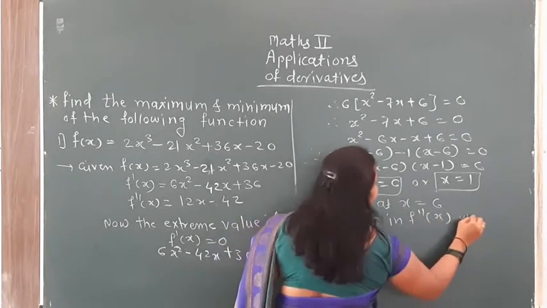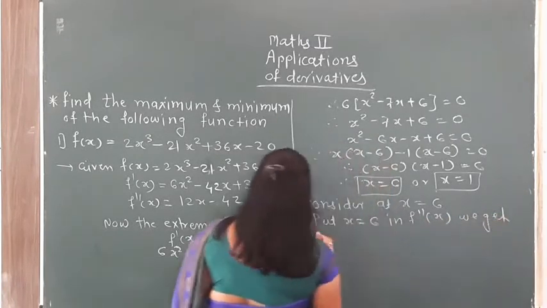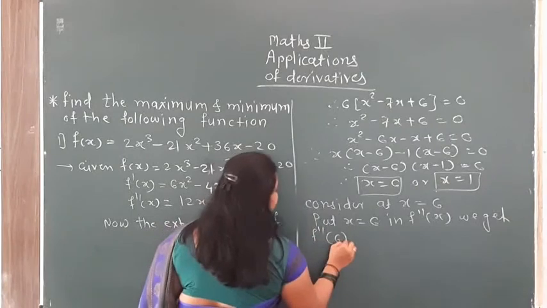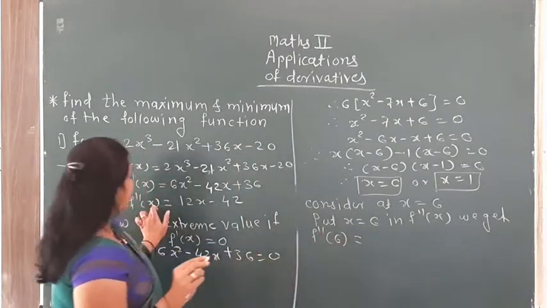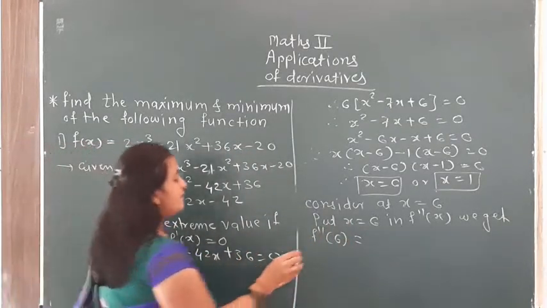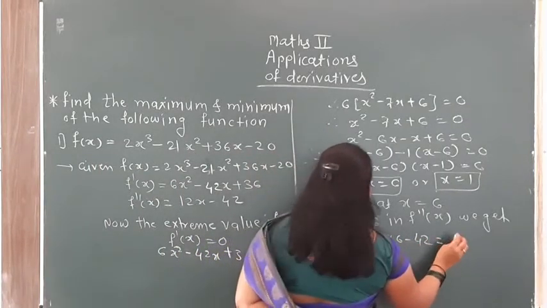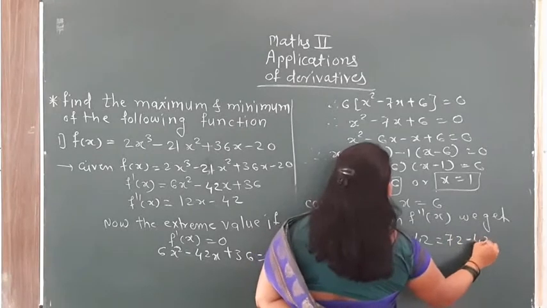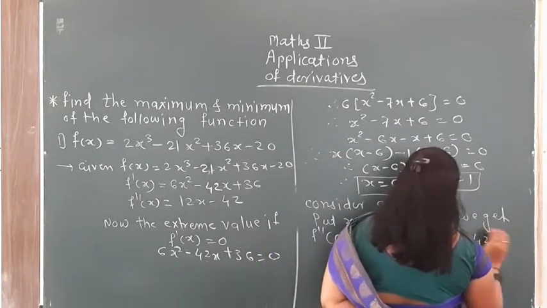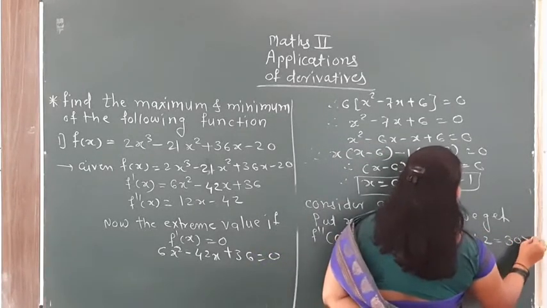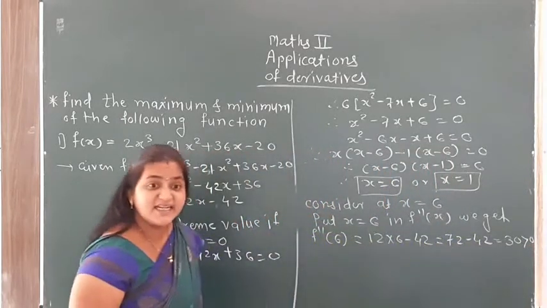We get f double dash of 6 is equal to 12 multiplied by 6 minus 42, so 72 minus 42, which is 30, which is greater than 0.